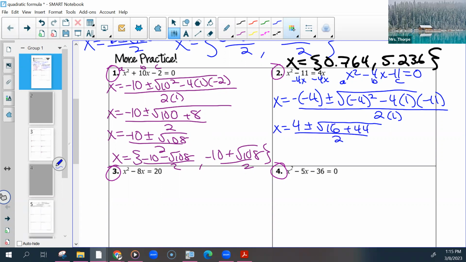We add 16 and 44, we would get what? 60. Is that a perfect square? No. So that's gonna stay the same. 4 minus the square root of 60 all over 2 and 4 plus.